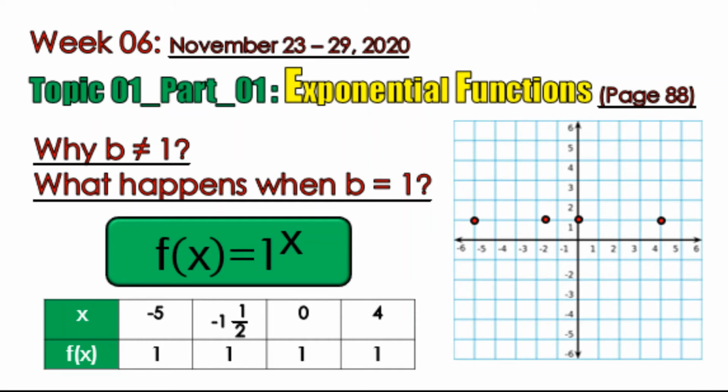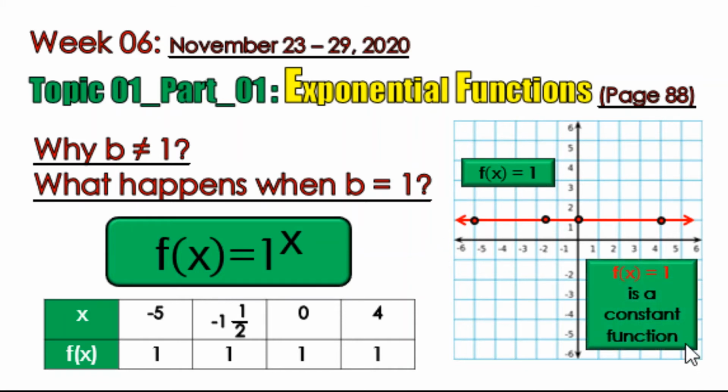If we connect these points, we will have a horizontal line. And a horizontal line is a graph of what kind of function, if you can still remember? This horizontal line is a graph of the function f of x is equal to 1, and this function is a constant function.